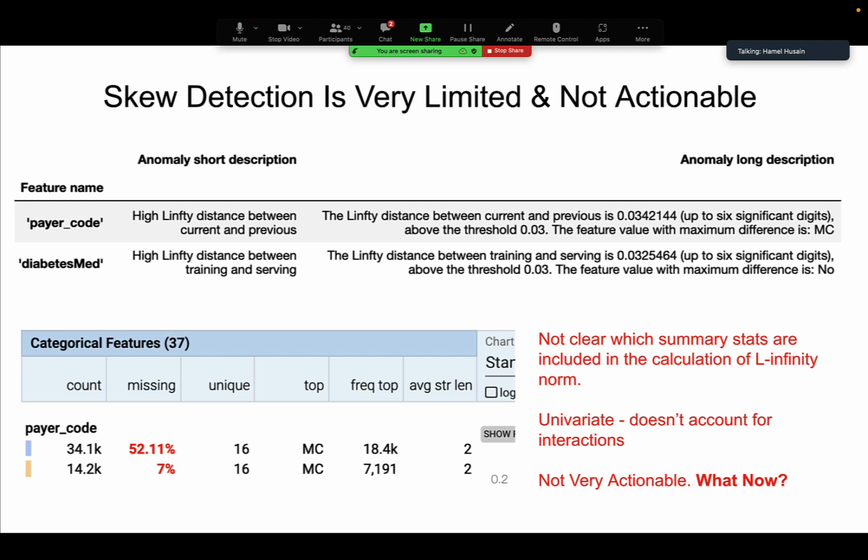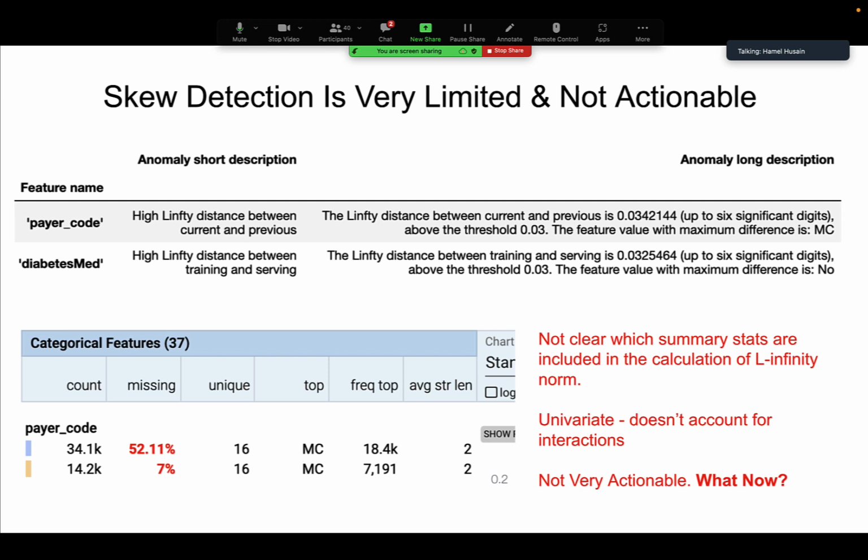But the main problem is that it's not very actionable. You might get a report, but you don't really know what to do next. You get a score of some kind, and something is above a certain threshold, but you're not really sure where it comes from or what to do next.